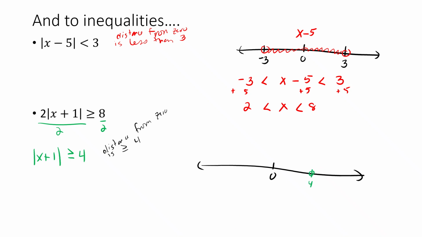And so that would be the solid circle and anything greater than that. So if I walk 5 or 6 or 7 steps away, and then the same thing happens walking in the other direction, I want to walk a distance greater than 4 to the left. And that can really mess with the kids, because what I am shading in is this less than region, but I'm talking about a greater than distance.